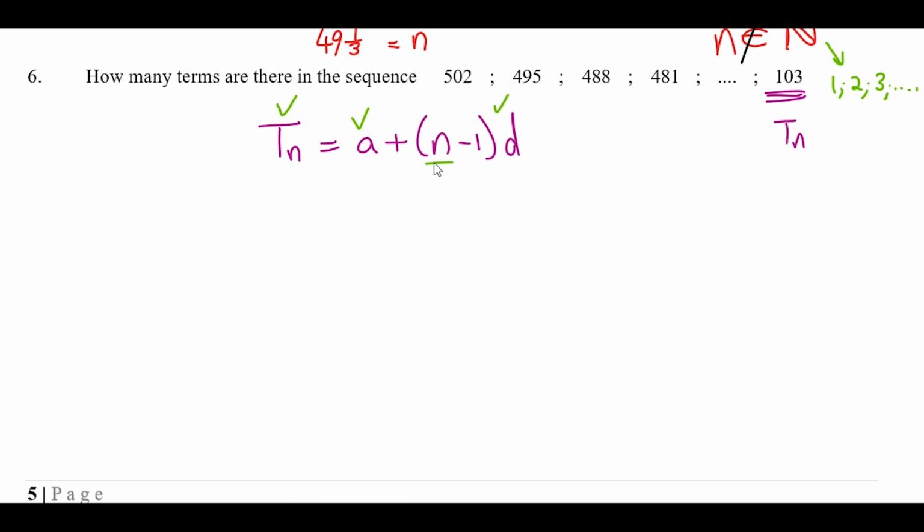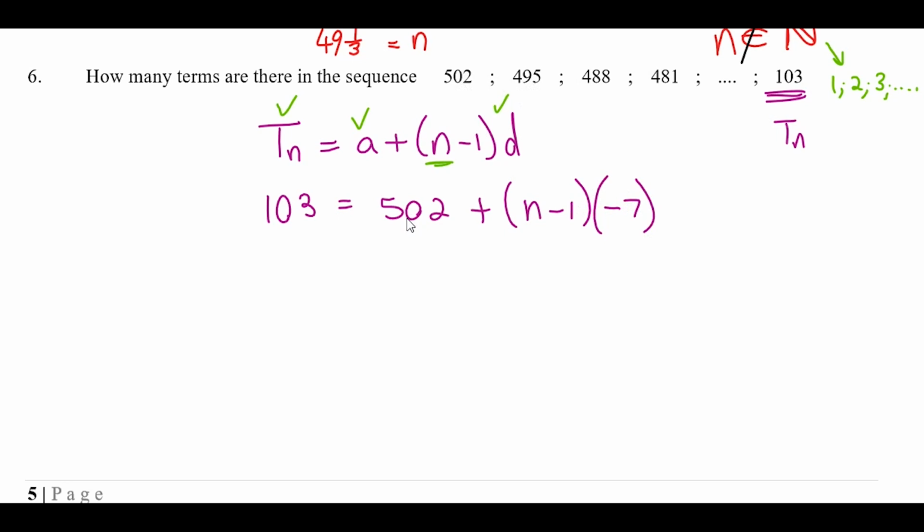What I don't know is n. So let's put them all in. We've got 103 over here equals a is 502 plus n minus 1 lots of d. Now, d, remember, is any term minus the term before. So in this case, d is minus 7.